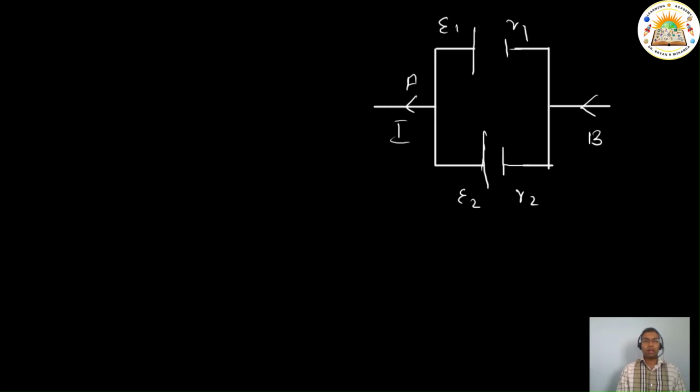Now, we know that since it is a parallel circuit, the current is going to split in this form, I1 plus I2. I'm not giving exact numbers, I'm just telling it splits as I1 and I2.